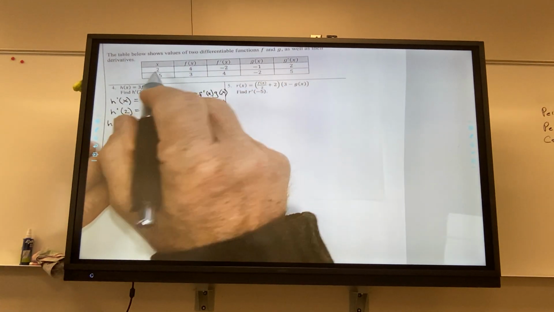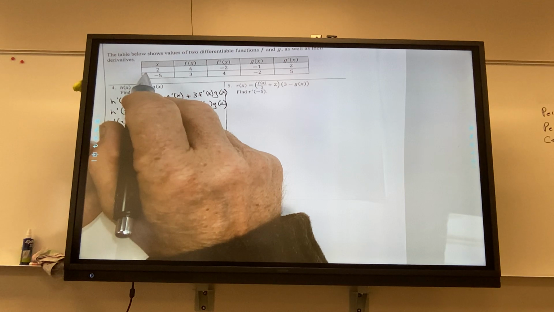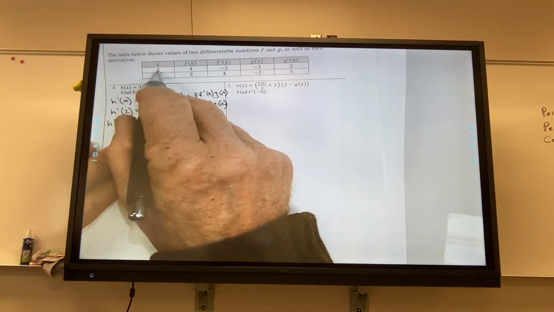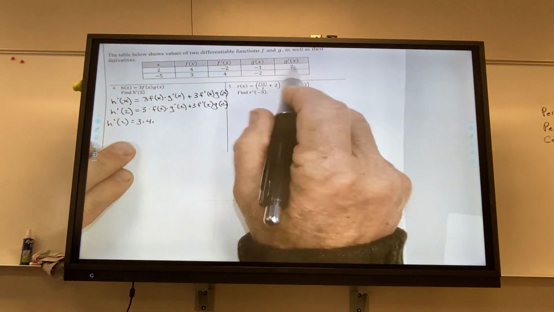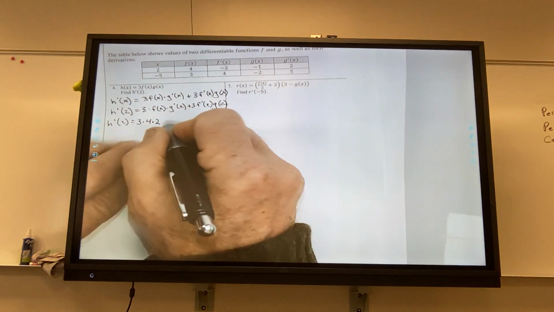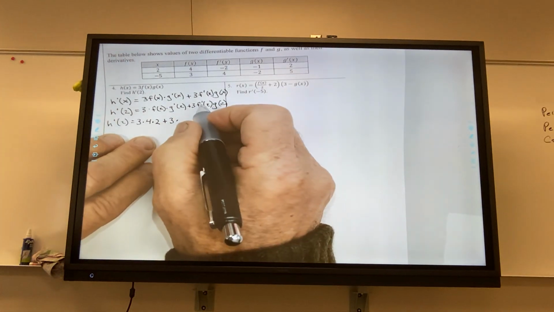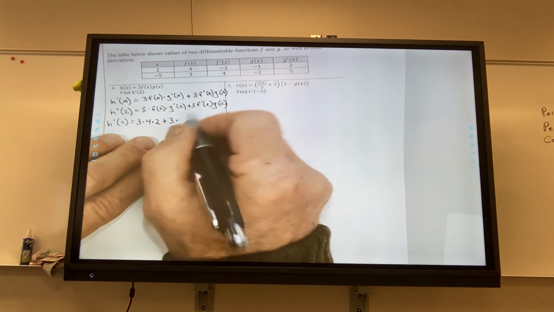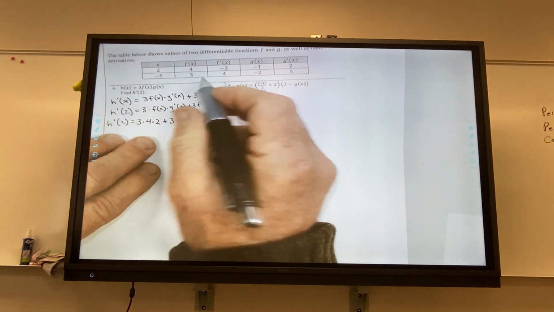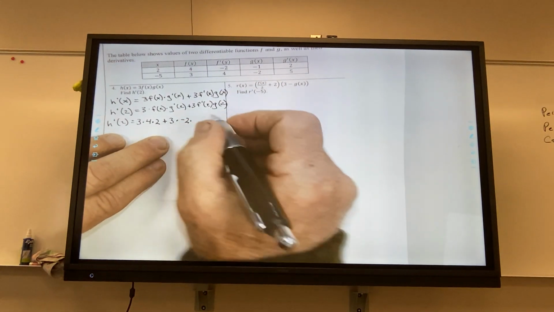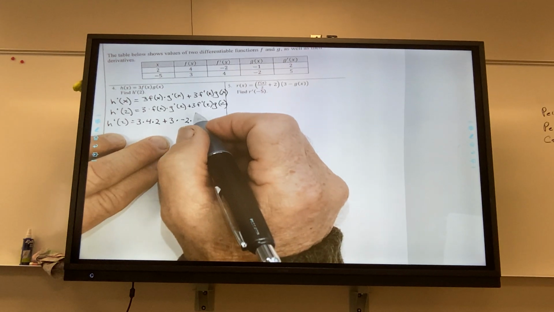Do you know g prime of 2? Yes. What is it? G prime of 2 is 2. Yes, you're correct. Plus 3. Do you know f prime of 2? -2. You're finding these in the table, aren't you? Okay. Times, what's g prime of 2?